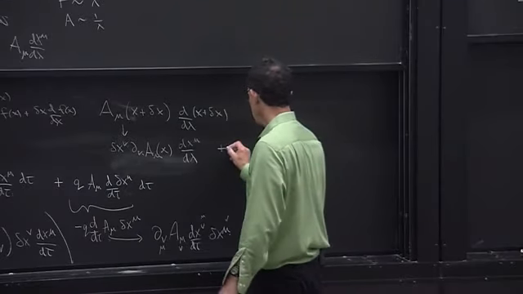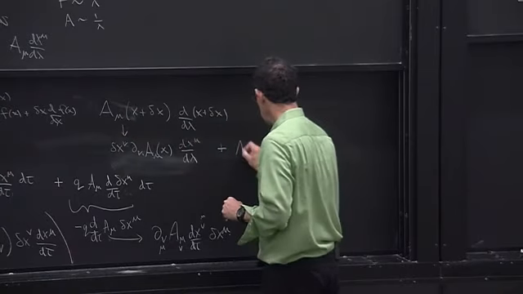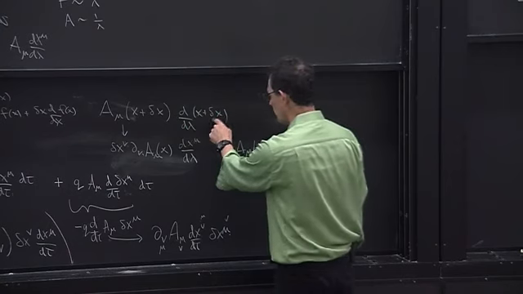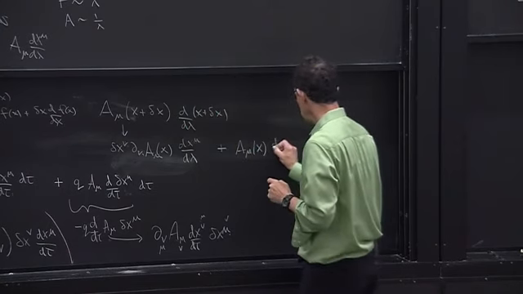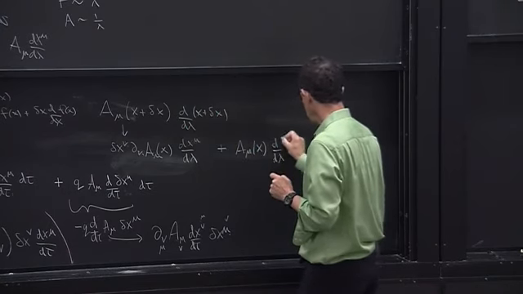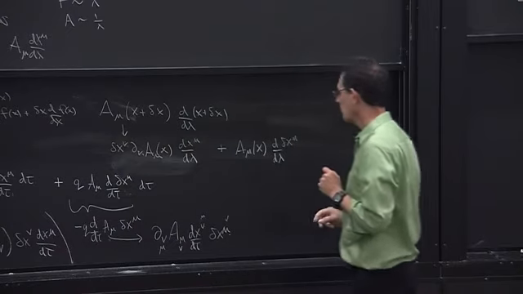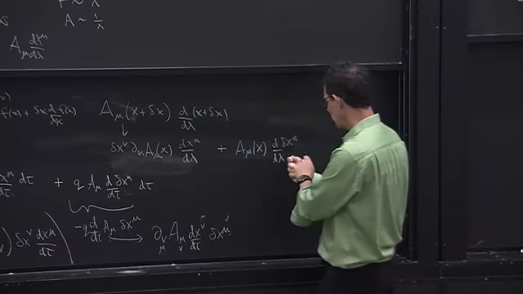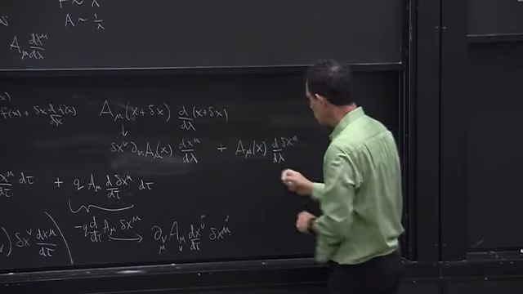So I get plus, I can now keep A to 0th order, but I've got to keep the first order correction to this piece, so d by d lambda of delta x mu. Then I took this term and I integrated by parts.